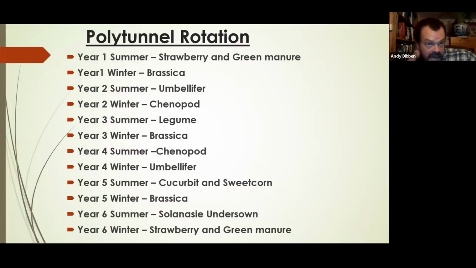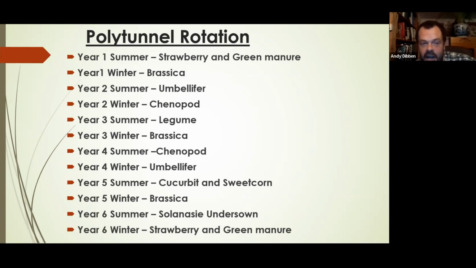My polytunnel rotations: we start with strawberries intercropped with a green manure. That's followed by winter brassicas, so that's oriental salads. That's followed by a summer of celeries and fennels. Then we're back into winters of leaf beet, summer of legumes, so that'll be sugar snap peas and cobra beans.